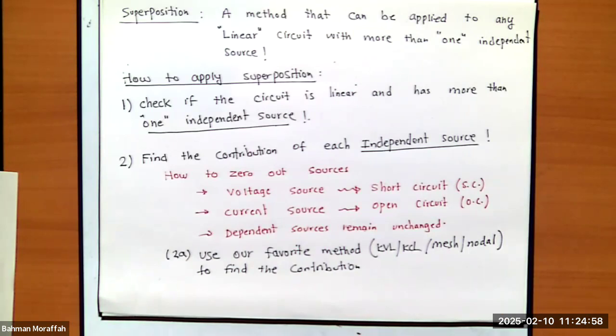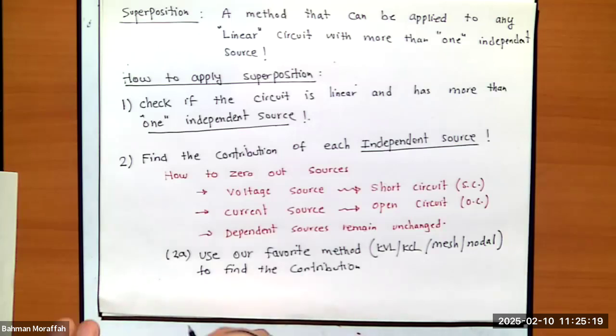I have to repeat this for every single independent source I have. And if I find the parameter I'm looking for, V out, I, or whatever, it comes out as a number with a sign. So I have to add them all up with their sign.